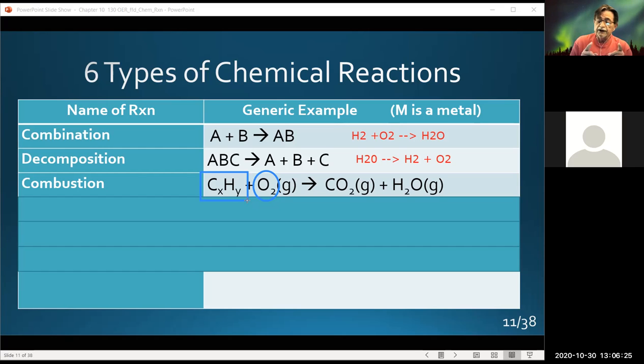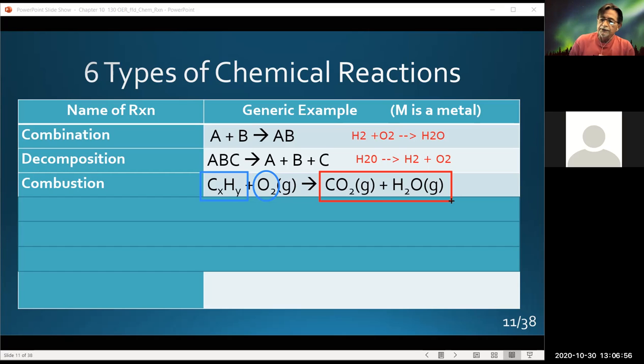With that being said, the only products you have to be concerned about when it comes to combustion of hydrocarbons are 2 products: carbon dioxide and water. So for combustion of hydrocarbons, you need oxygen as a reactant, and the only two products are carbon dioxide and water.